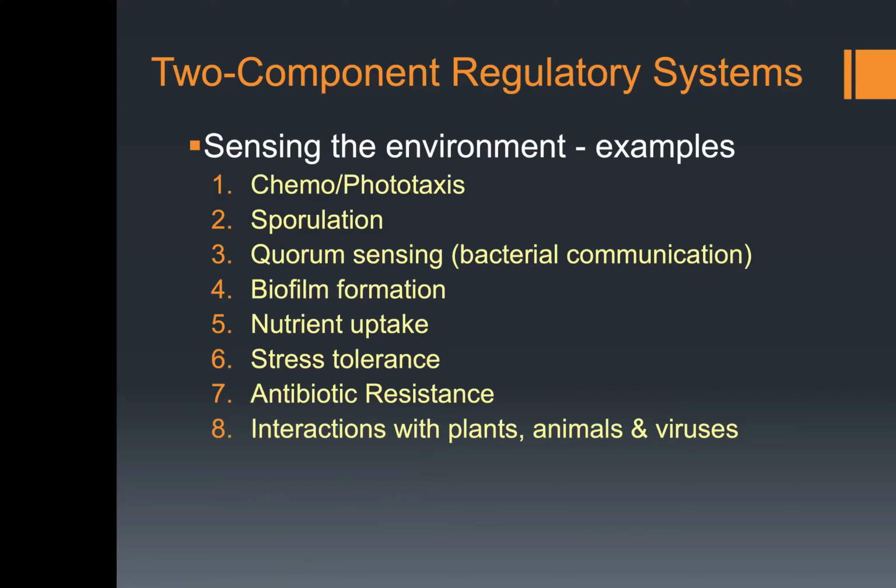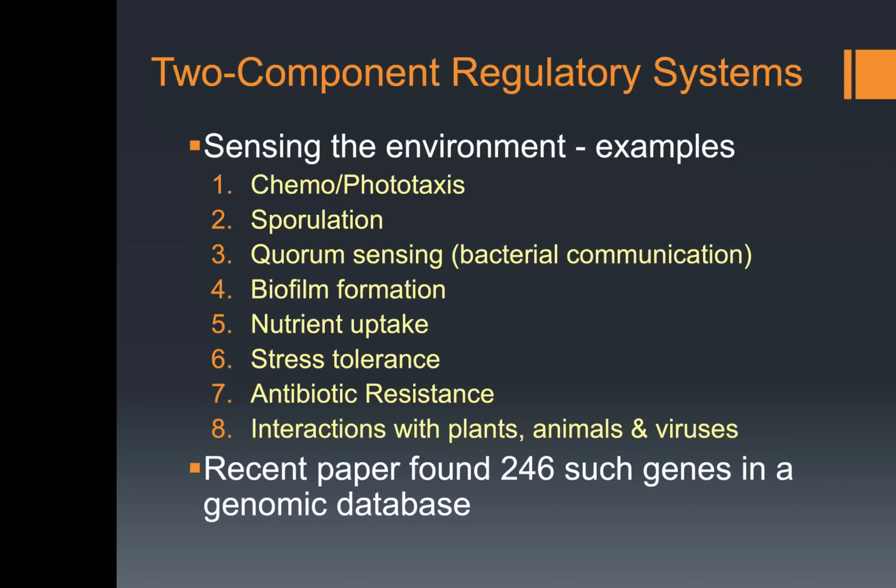Biofilm formation, lots of nutrient uptake systems, stress responses, antibiotic resistance, more complicated interactions with other types of organisms can be regulated by these. So there's just a whole suite of day-to-day activity where the bacteria, let's just say for bacteria, are sensing their environment and responding using these two component systems.